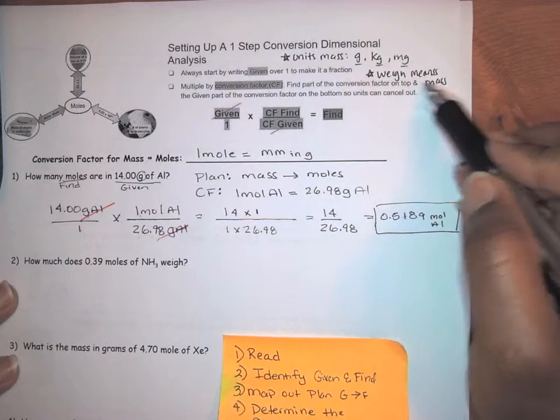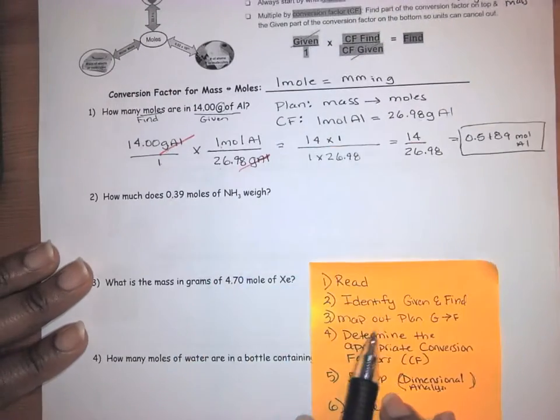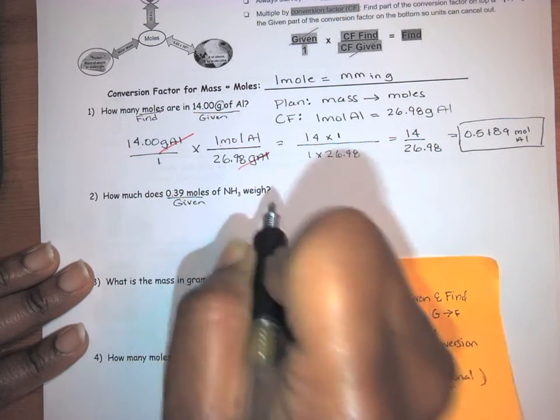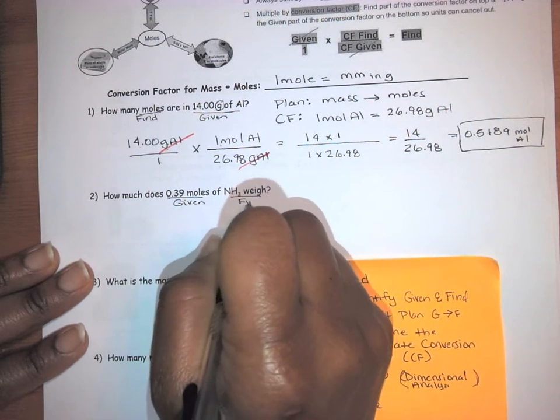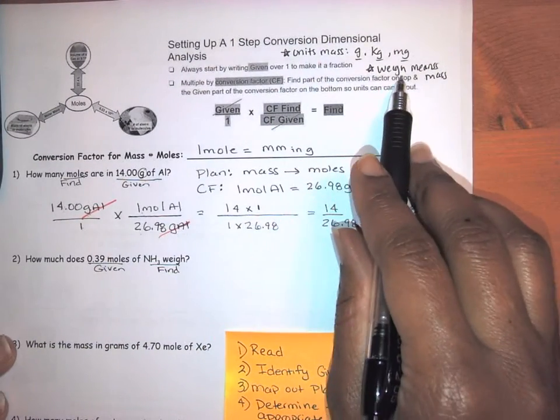When you see something like weigh, that means they're talking about the mass. So in this problem, identifying my given and find, I'm given my moles, and I'm trying to find my mass. I know I'm looking for my mass because they use the keyword weigh. So again, I added that note, weigh means mass.